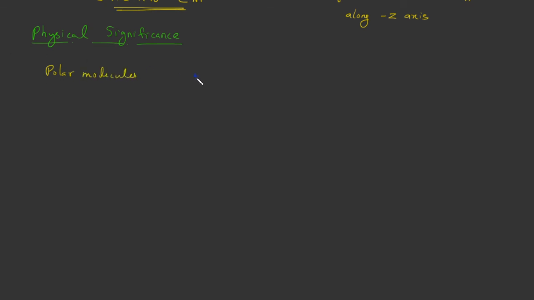That is, in polar molecules, the center of positive charges and negative charges are separated by a small distance. So they behave like an electric dipole. So they have dipole moment. So dipole moment in molecules is a measure of the polarity of the molecules.